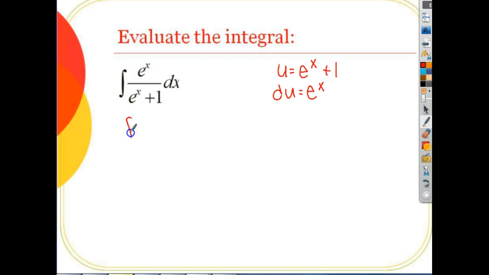So now I get 1 over u du. Do you see how making it e to the x would have given me 1 over u plus 1? What's the antiderivative of 1 over u? ln of u.